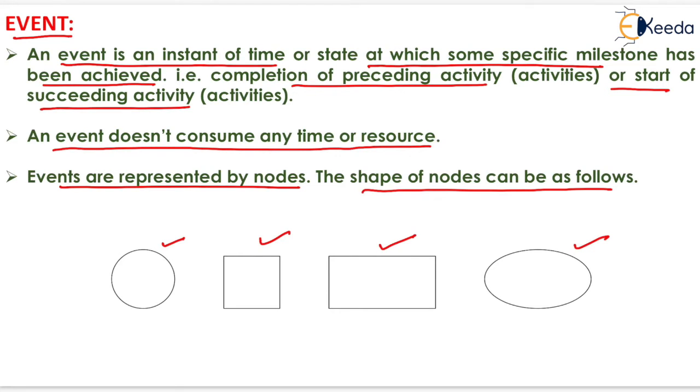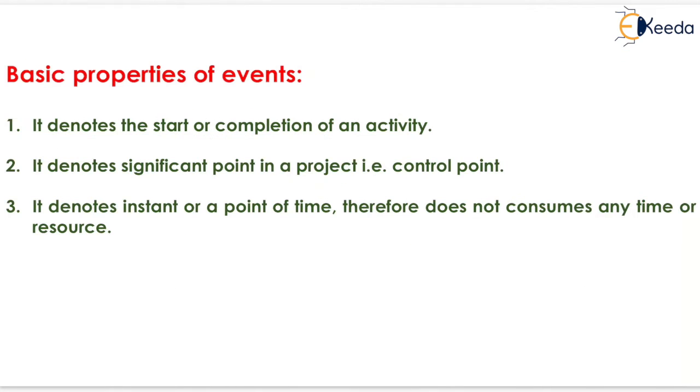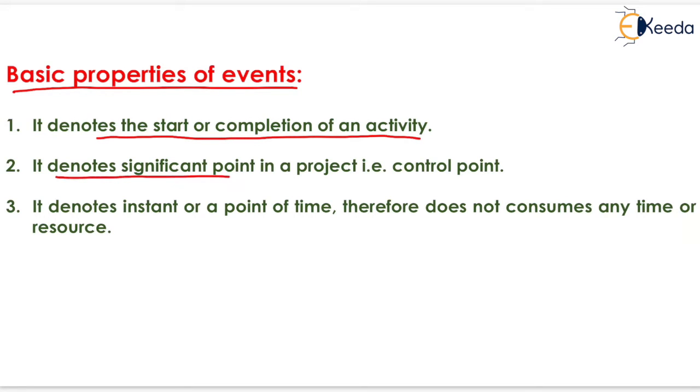So we can represent the event with any of these shapes, but generally the circular shape is used for the representation of an event. Basic properties of events. It denotes the start or completion of an activity, which we had already seen. It denotes a significant point in a project, that is a control point.